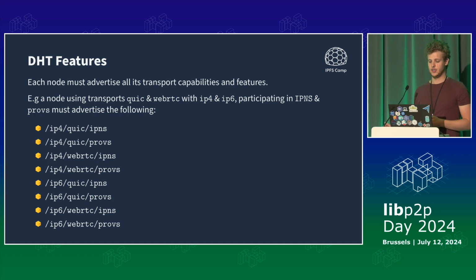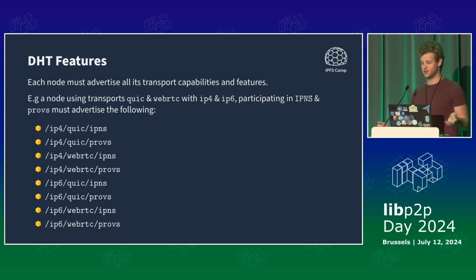And you can also use the DHT for other stuff, say find relays, or a coordination point for hole punching and this kind of stuff. And maybe you don't want to participate in all of this. Maybe you just want to participate in IPNS and you don't care about provider records, or the other way around, which means that we can even make more sub-DHTs.